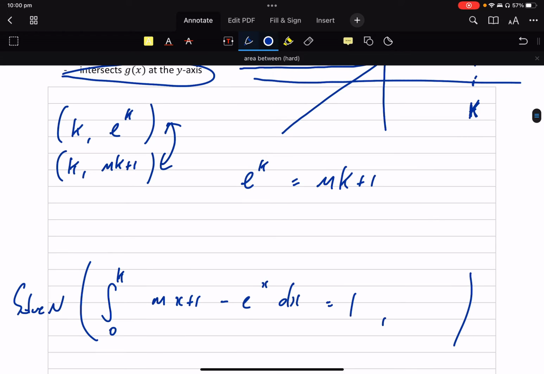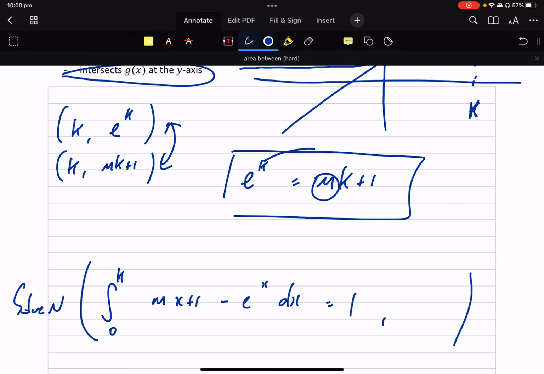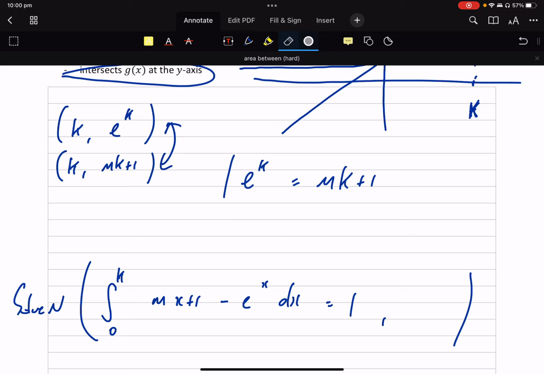That is our second equation with an m and k's in them, and we're going to use that to get rid of that m and that k. So we've just got one equation to nsolve. So let's get from this thing here, m must equal e to the k minus 1 on k.